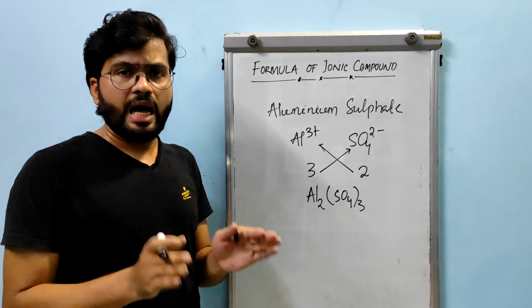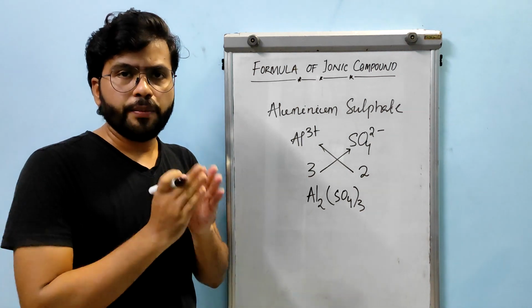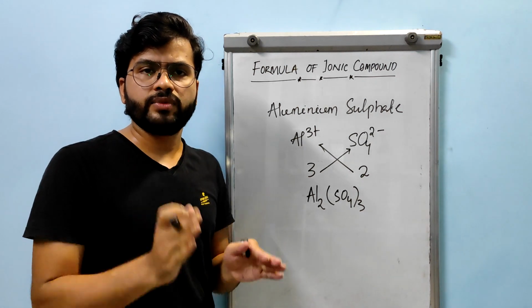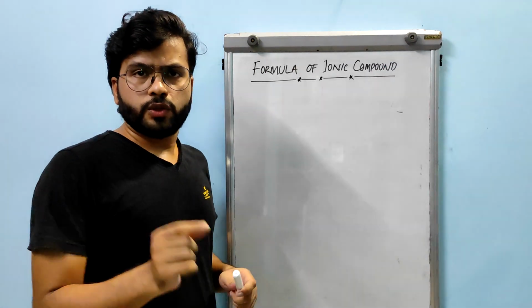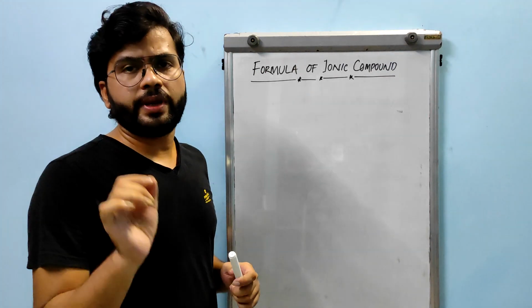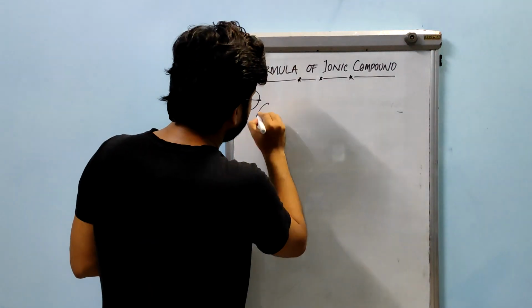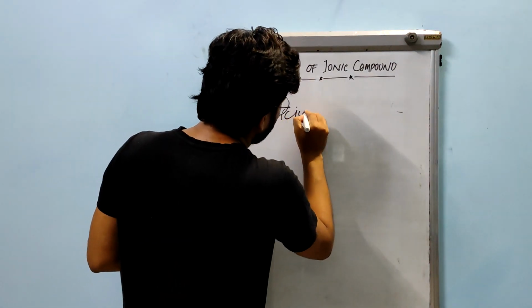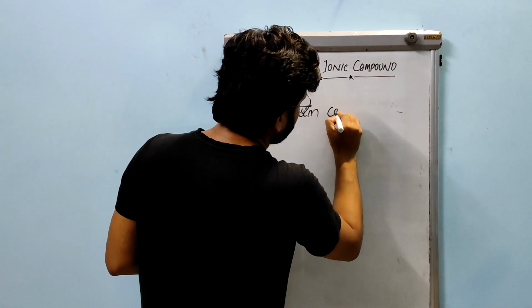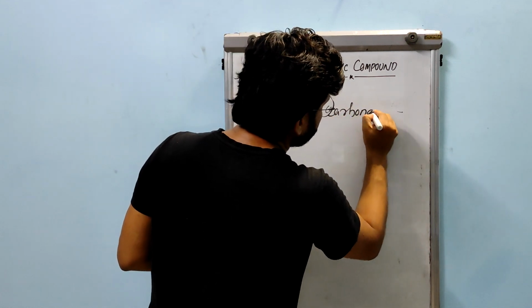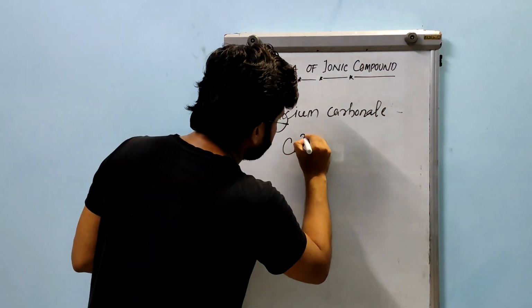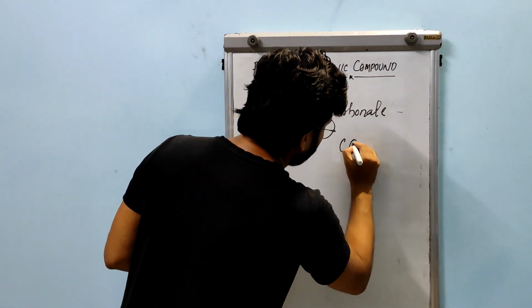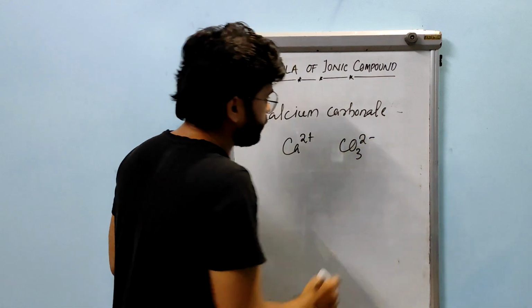Now we will take another example where both the cation and the anion have the same magnitude of charge. Let's take the example of calcium carbonate. From the name you can easily guess that the calcium ion is there, Ca2 plus, and carbonate is CO3 2 minus.